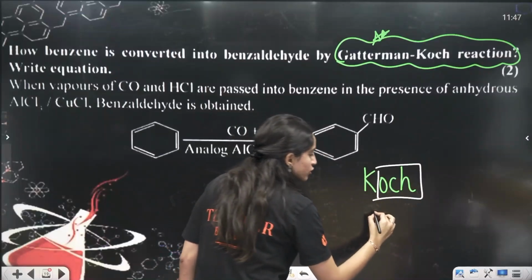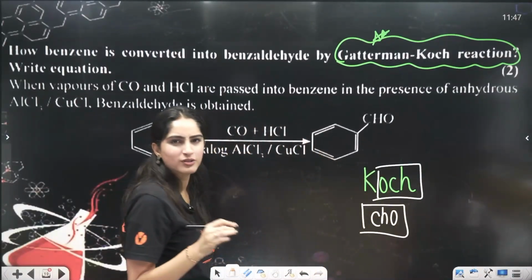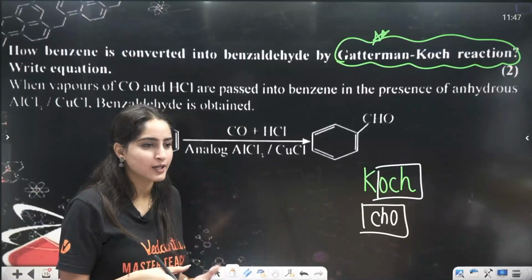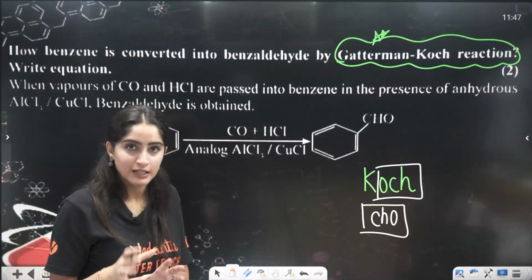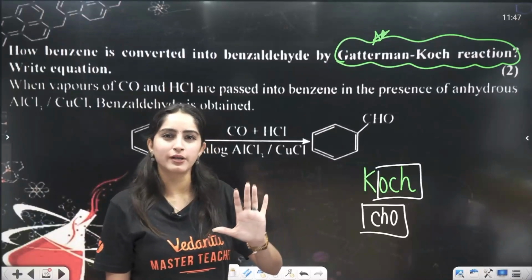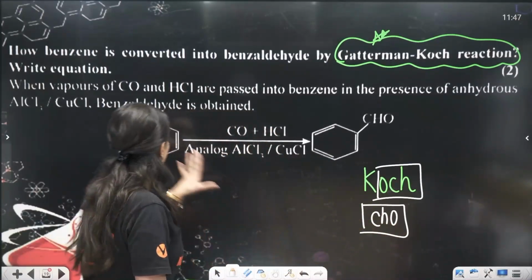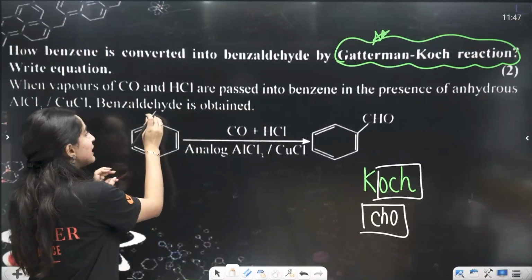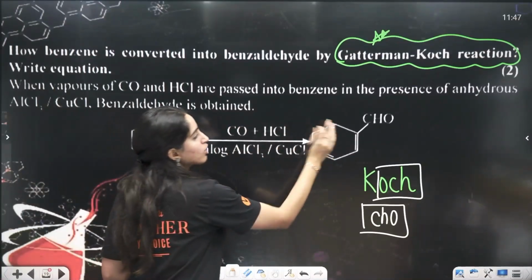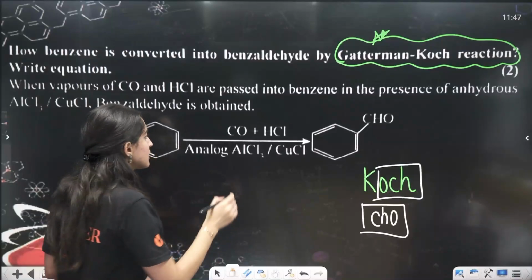O-C-H, so you can write it as C-H-O. And what is CHO? That's a trick. I know organic chemistry and inorganic chemistry are quite difficult to learn. That's why we have these simple tricks for you, right? So this is CHO. That means where you have nothing, that will be replaced by your CHO group, right?